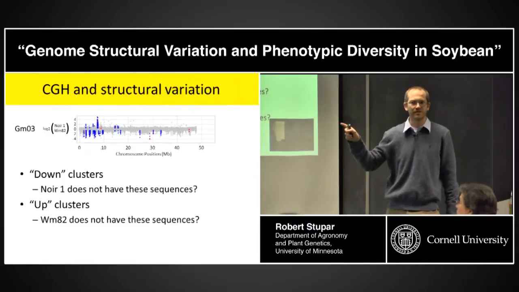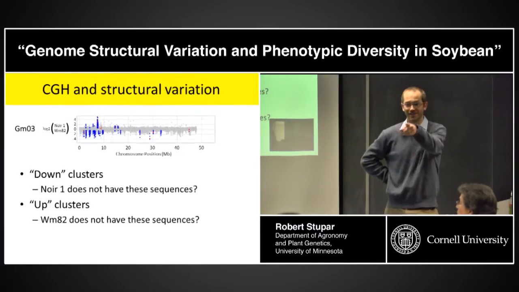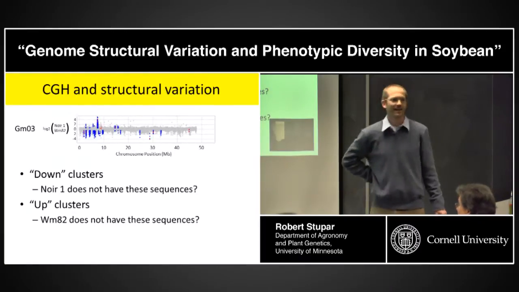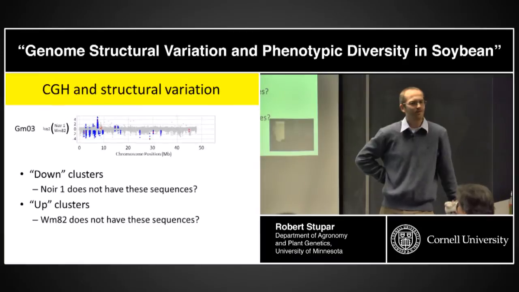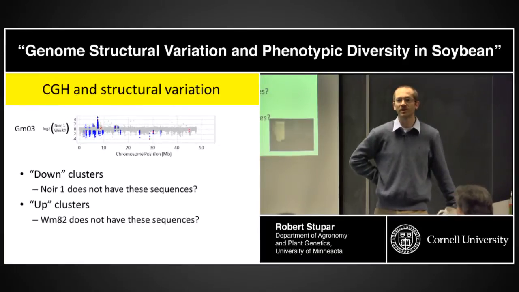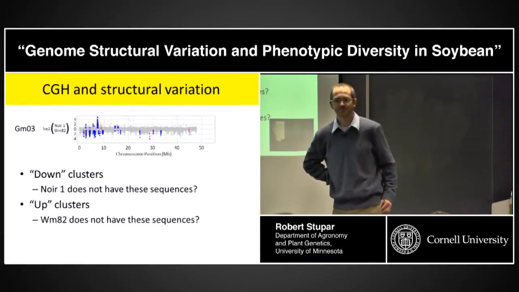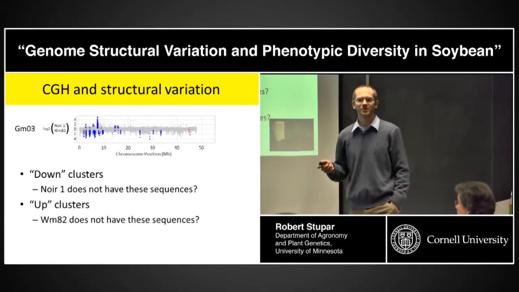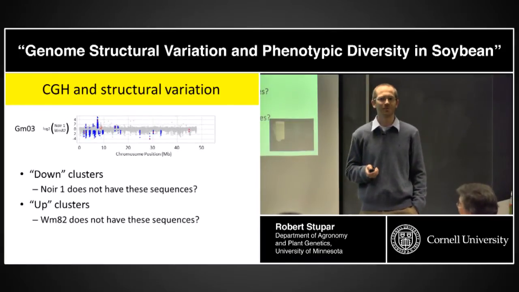Why do you think we don't see that very often? There's a really good reason. Isn't Williams-82 the reference genome? Bingo. Exactly. So how would we see that at all? That's a great question. We were really shocked when we first started seeing this. It turns out there are some issues with the assembly in certain regions of the genome.